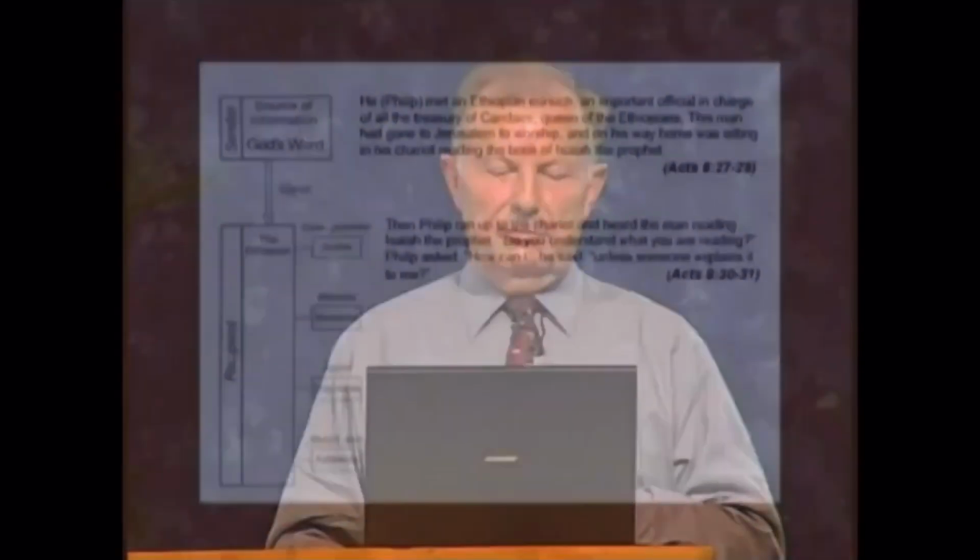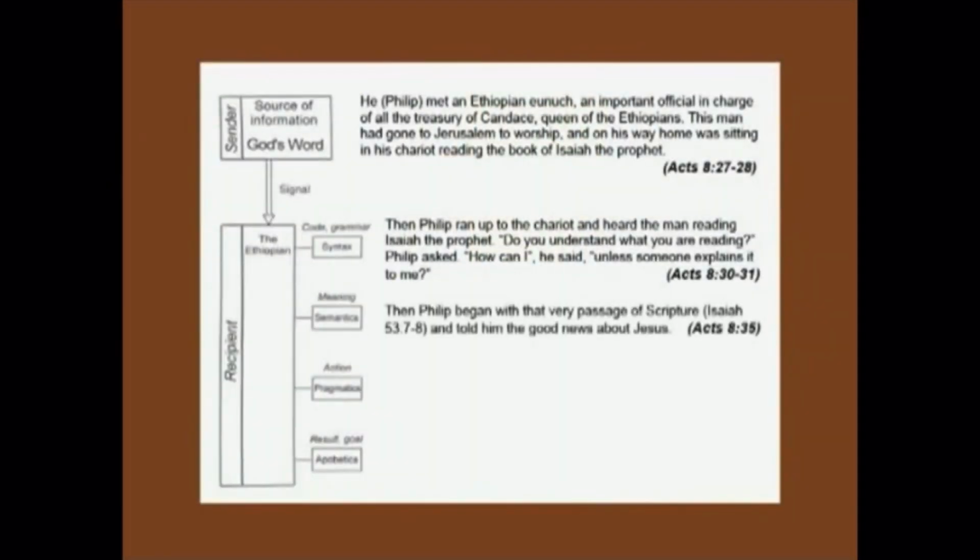We can see very clearly here on which level of information he is. He is only on the syntax level. He could read the words and the sentences, but he couldn't understand it. And now we will see how he is coming to the next level of information. We find it in verse 35.